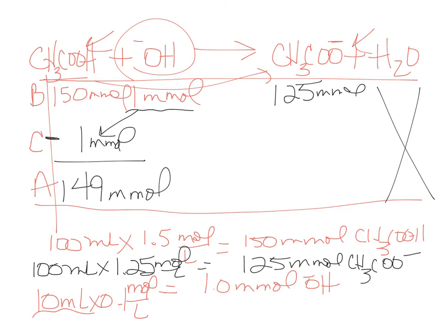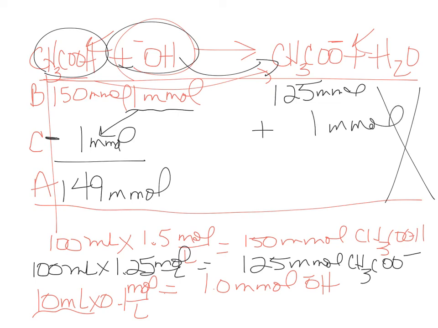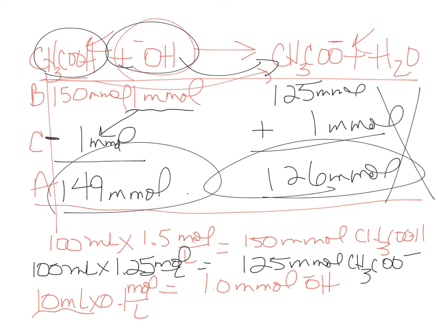And when that acetic acid reacts with the base contaminant, you're going to make more of the acetate. So that's plus 1 millimole. And you're going to end up with 126 millimoles of the acetate. So these are your new mole values for the weak acid and weak base. You do not need to convert them to concentrations to plug them into Henderson-Hasselbalch.